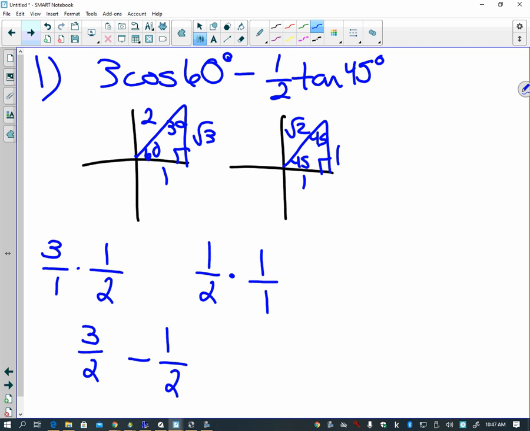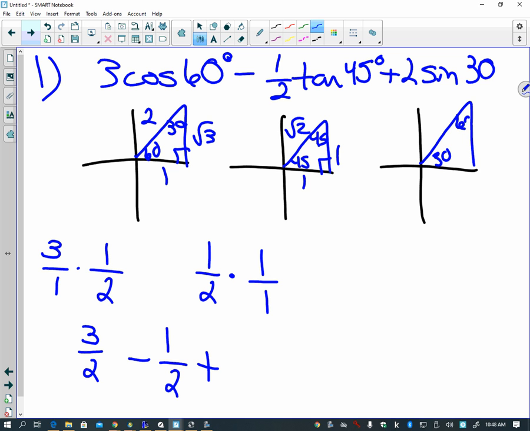Plus 2 sine 30. I'm going to bring that plus all the way down here. We draw a coordinate plane and make a reference angle from the initial side to the terminal side. It's 30 degrees, a lot like what we saw before, except my reference angle is 30 this time.